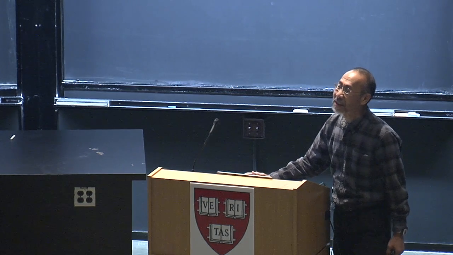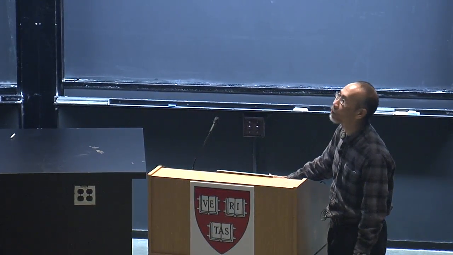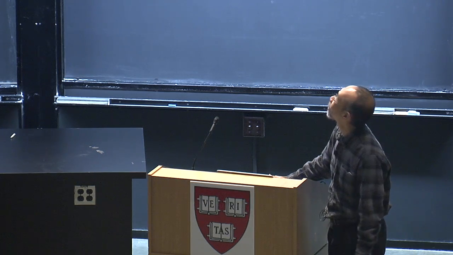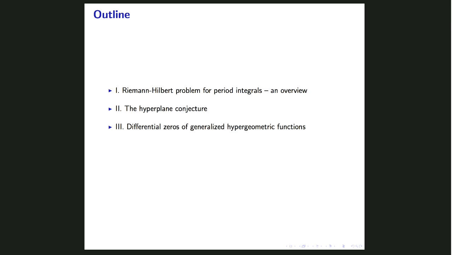So here's the plan for my lecture. I'm going to start by giving you an overview of the Riemann Hilbert problem. Of course, this is a problem that goes back to Riemann's thesis in the mid-1800s. So it's got a very long and glorious history for which I certainly don't have time to get into details in this lecture.